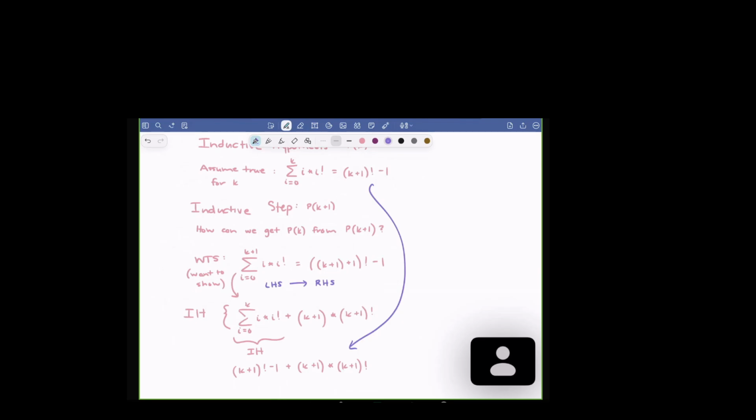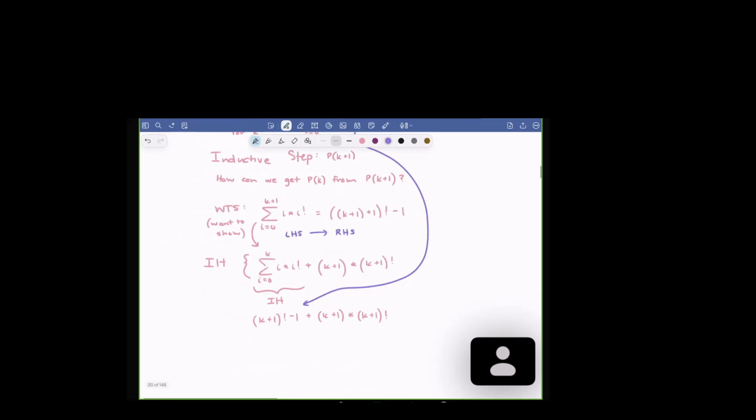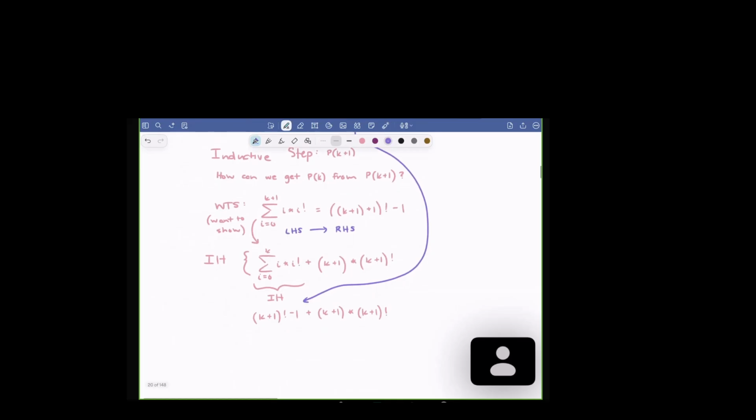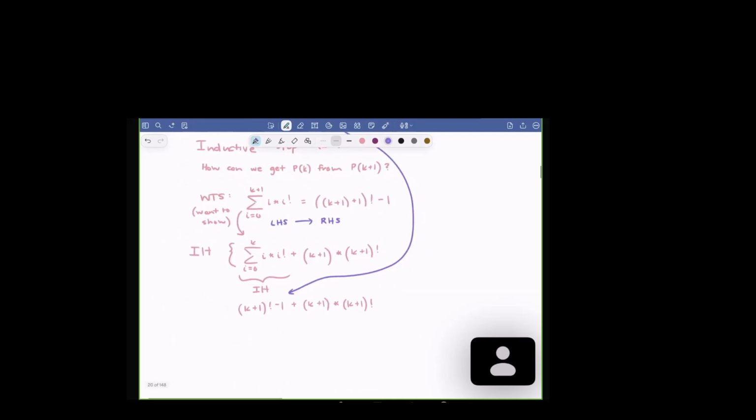Maybe a better arrow would be this. And then I could just move some terms over, just so you guys could better see.